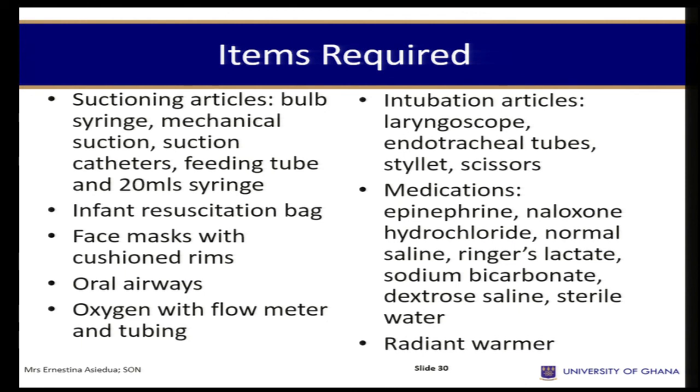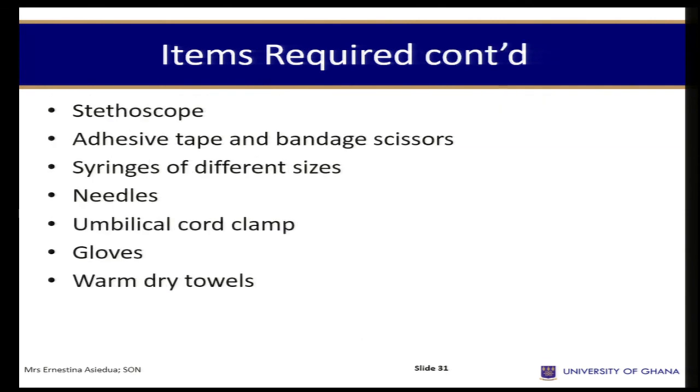You have scissors. We have medications like naloxone hydrochloride, normal saline, Ringer's, sodium bicarbonate, dextrose saline, and then you also need a radiant warmer. You need a stethoscope, adhesive tape. You need syringes of different sizes, needles, umbilical cord clamp, gloves, and warm, dry towels.